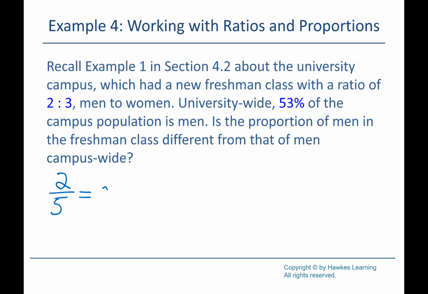So that's 0.4. And when we're changing to a percentage, you can always add zeros. That's 40%. So 40% of the freshman class is male. University-wide, 53% of the population is male. So yeah, they're different. Smaller percentage of males in the freshman class.